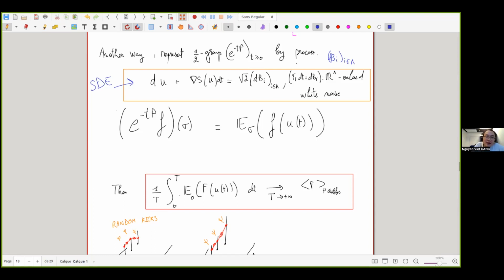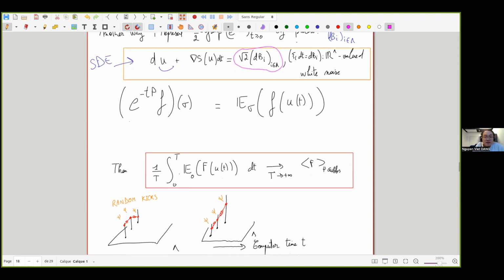So if you take u, a solution of this stochastic differential equation, this u is going to be random. You know why? Because on the right-hand side, this white noise is random. So the randomness comes from the right-hand side. Then the semigroup acting on F, evaluated at sigma, can be realized as an average of F of u_t when you average with respect to the randomness coming from your SDE, coming from the white noise.